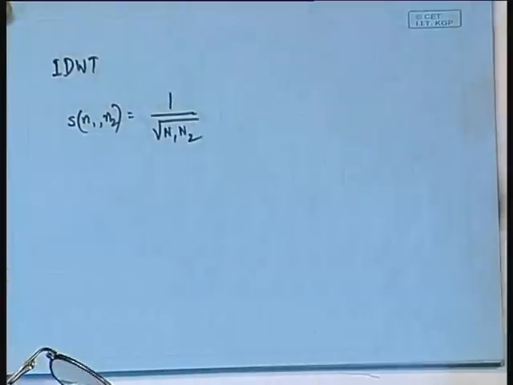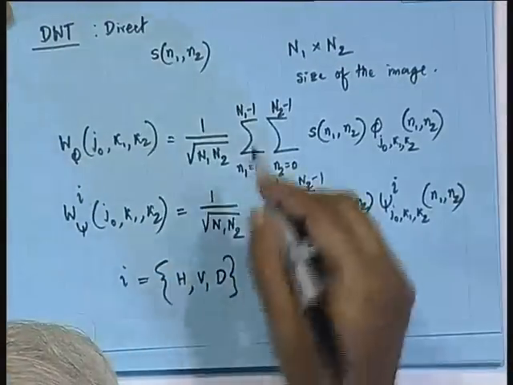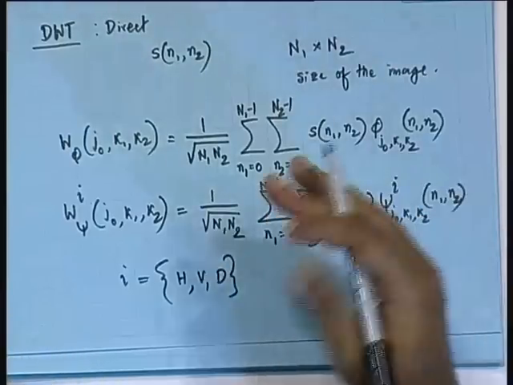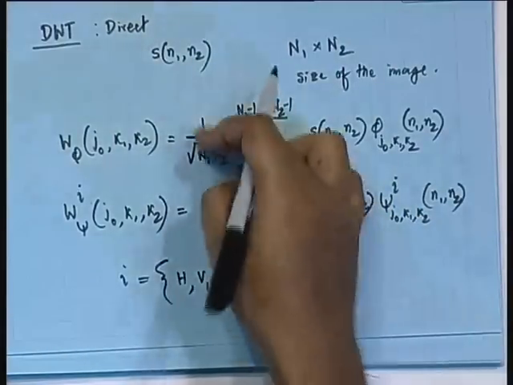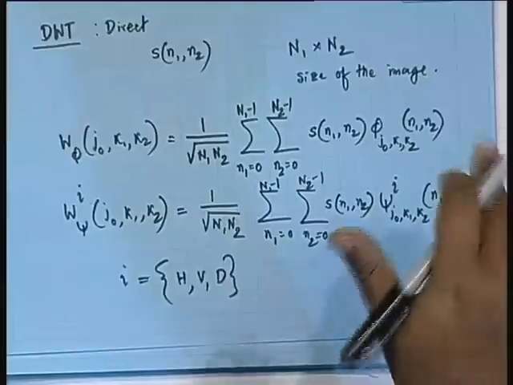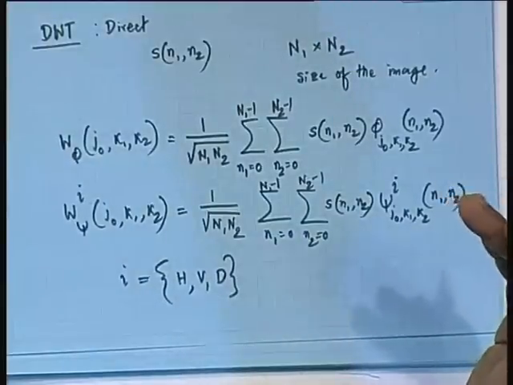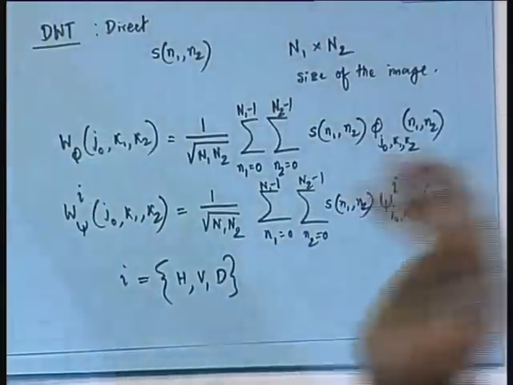Now, in this case, the convention that is followed is that both for the direct transform and the inverse transform, this 1 by root over n1 n2 factor is used uniformly, so that the direct filter structure and the inverse filter structure remain the same, because totally we require a normalization by a factor of 1 by n1 n2, means application of the direct and the inverse. So, it depends how you accommodate that 1 upon n1 n2 in the forward and in the inverse.